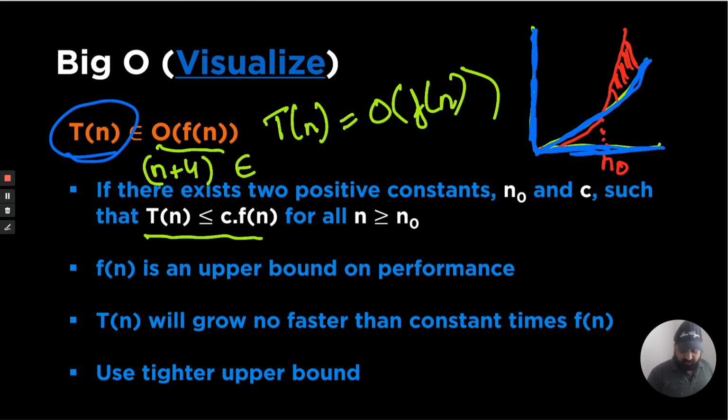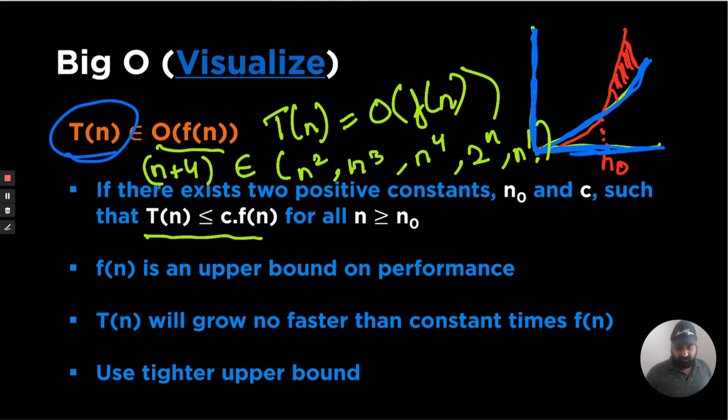So an upper bound for this function would be something like n squared. That could be an upper bound. So is n cubed. So is n to the power 4. So is 2 to the power n. So is n factorial. Because n plus 4 can fall in any of this set of functions. It's not just one function.